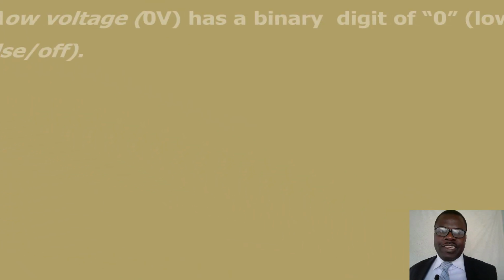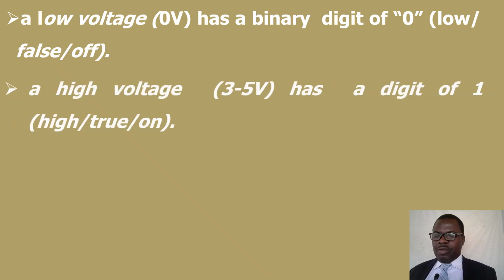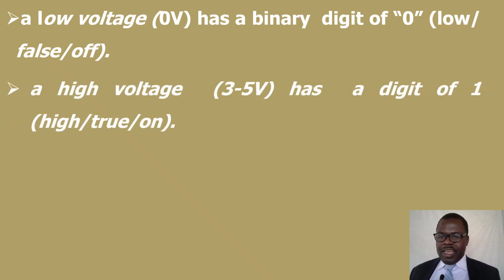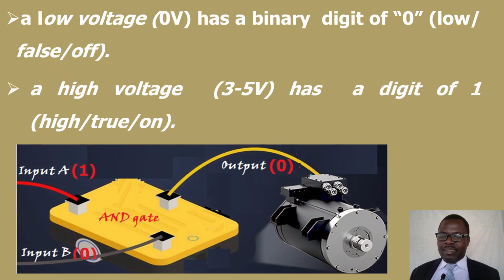A low voltage, which is equivalent to 0 volts, is a digital binary number of 0, which is low or false or off. Then a high voltage, which has a voltage of between 3 and 5, has a digit of 1, which represents high, true, or on.